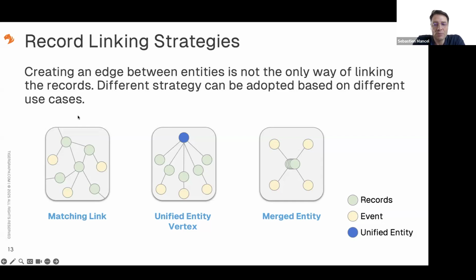It's optimized for performance and real-time analytics. And it's great for fraud detection or behavioral modeling, where the goal is a consolidated view and not a historical view of the data sources. But again, the trade-off here is that it reduces traceability because you've merged all the records into a single node, and the record provenance is lost.